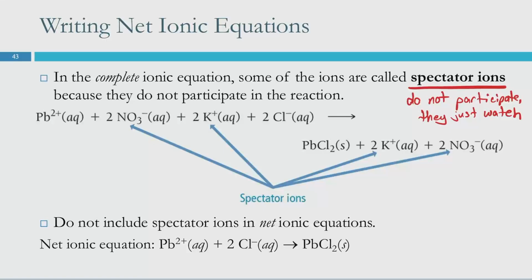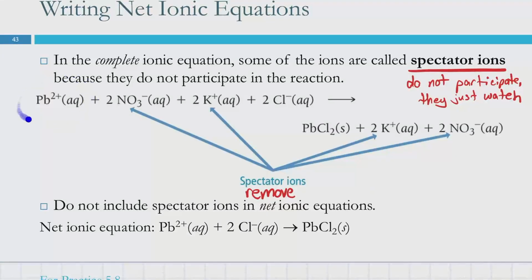So the net ionic equation is shorter to write than the complete ionic equation, at least in most circumstances. So we're going to remove the spectator ions. And so then all that we would have left is our lead 2+, our 2 chlorides, and our lead 2 chloride as a solid. For our net ionic equation, just the things that actually react.